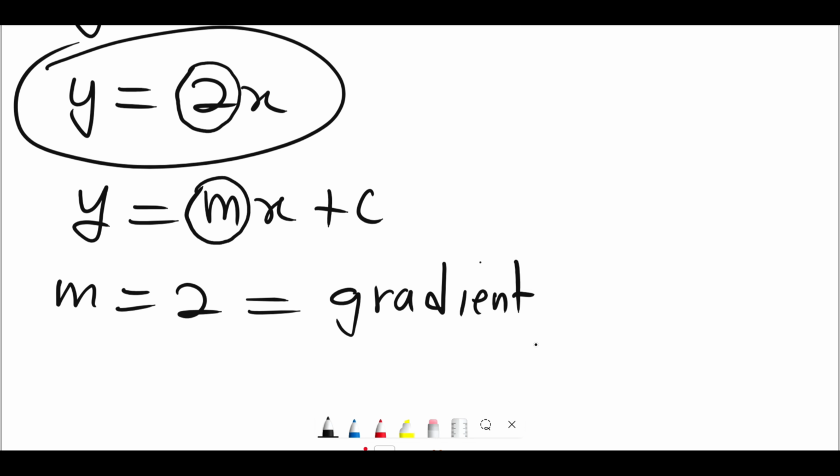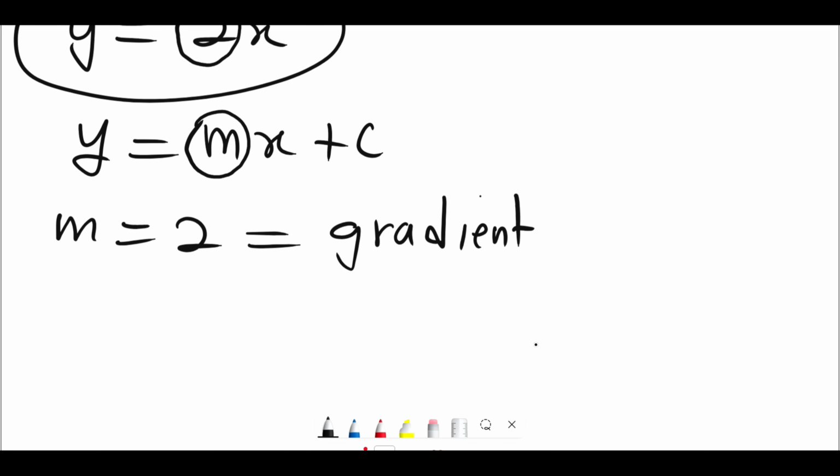You are not just going to get a number. That result is what we call the gradient function. So you need a number to be put in place of the x to get the gradient as a number.